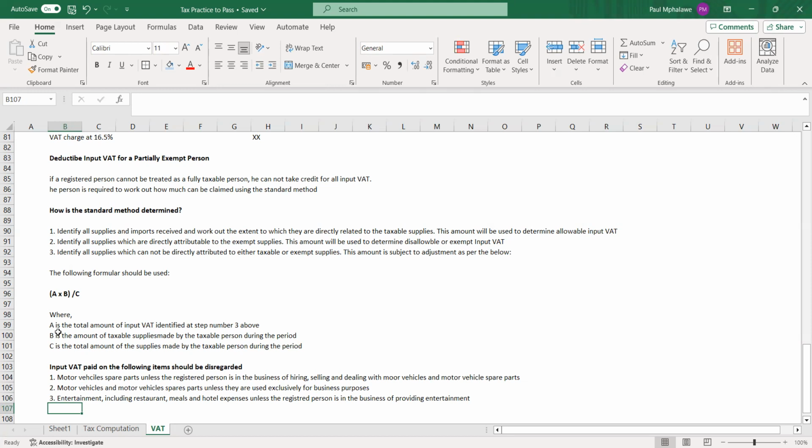Okay, or specified goods for the use of the government donation. You are not supposed to be charged VAT. Okay. Very, very important. I urge you to read the VAT Act.